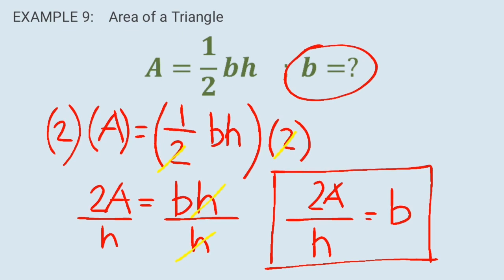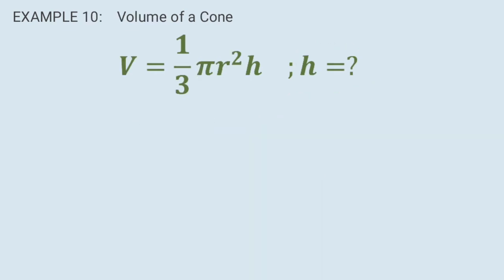Okay, let's have another example. What if we're dealing with the volume of a cone? The formula is V equals 1/3 pi, the square of the radius, times height. And we are asked what is the height. Same process as a while ago.